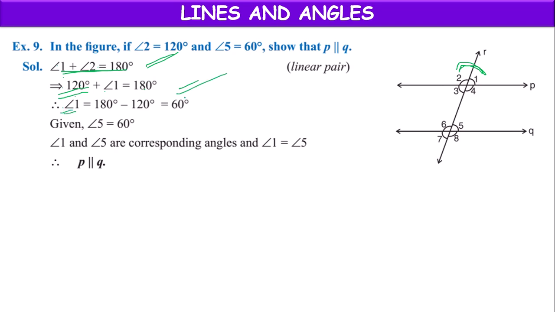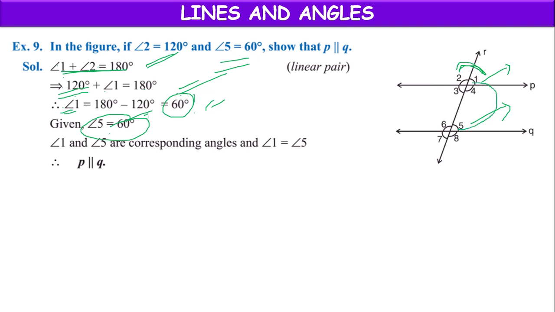So angle 1 will be 180 minus 120 equal to 60 degrees. So angle 1 we have got 60 degrees. But they have given that angle 5 is also 60 degrees.